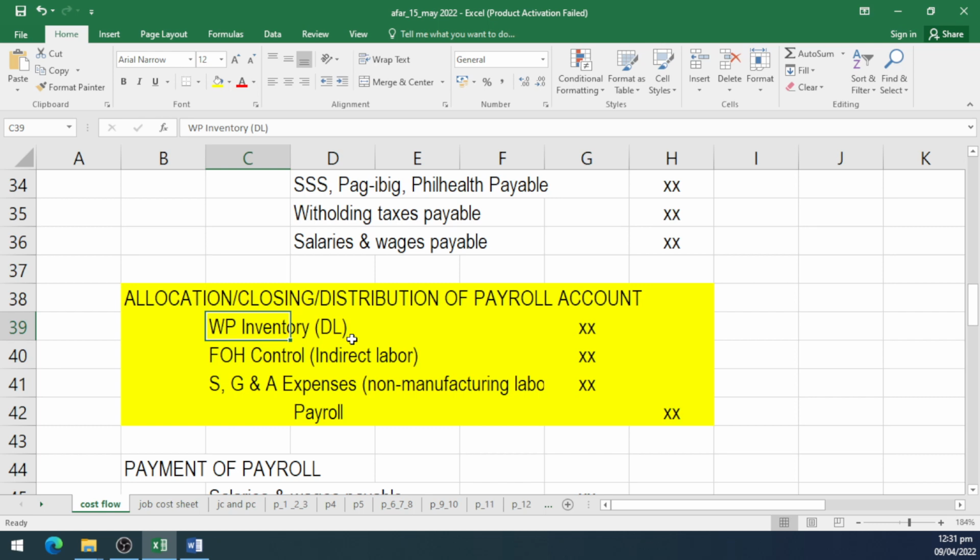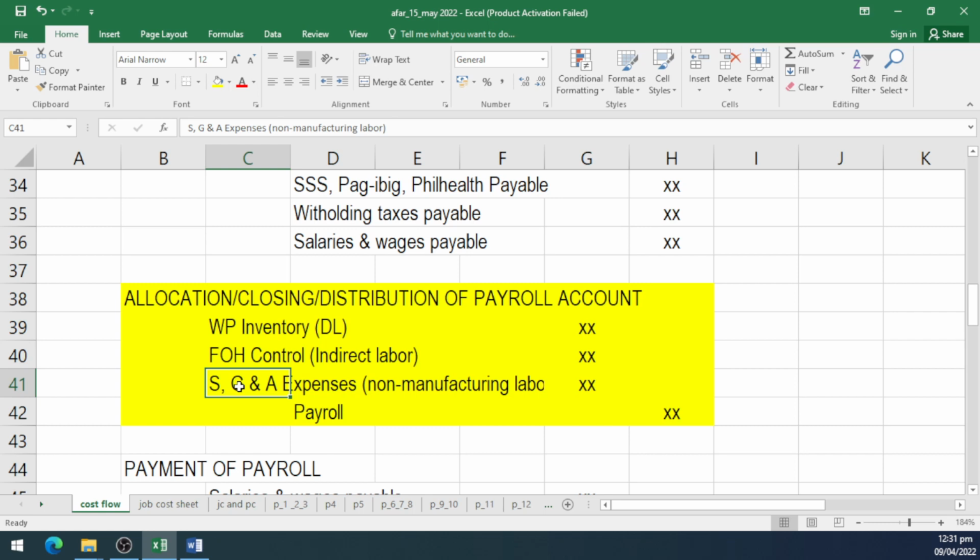Yun ang magsusupport dyan. For the direct labor, debit ninyo sa work in process. For the indirect labor cost, debit to factory overhead control. And for the non-manufacturing labor, debit to selling, general, and administrative expenses. And then, credit to payroll para ma-close yun.